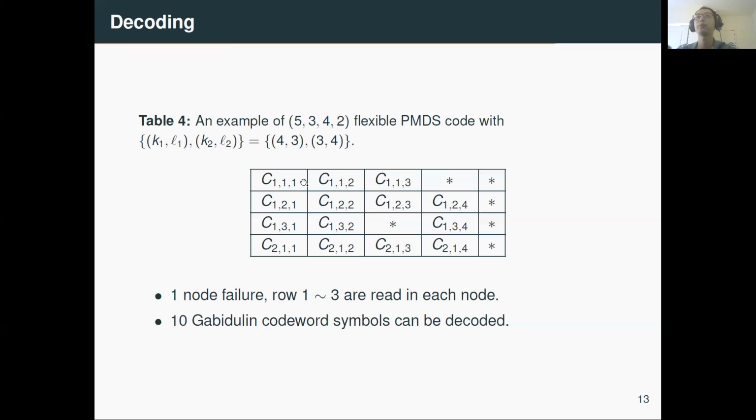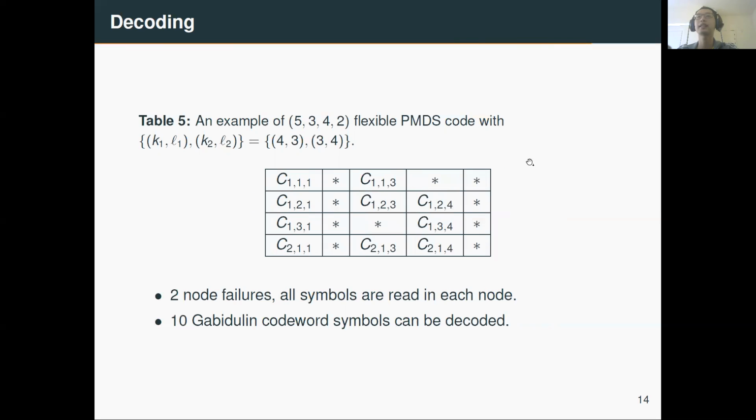So as you can see, we read 3 symbols in row 1, 4 symbols in row 2, and 3 symbols in row 3. In this case, we get 10 symbols, and they are exactly the Gabidulin code word symbols. So from these 10 Gabidulin code word symbols, we definitely can decode all the messages.